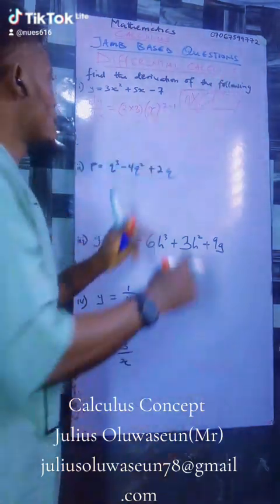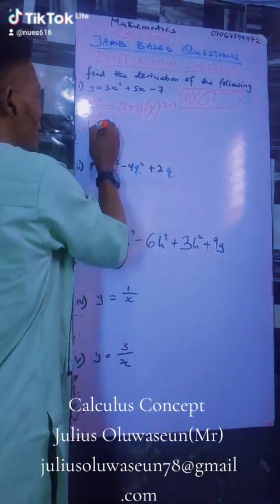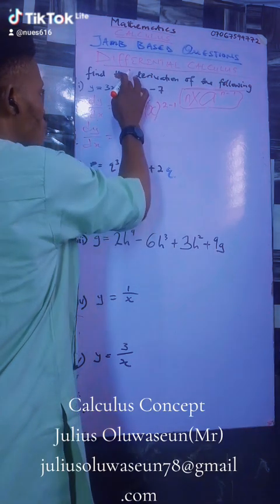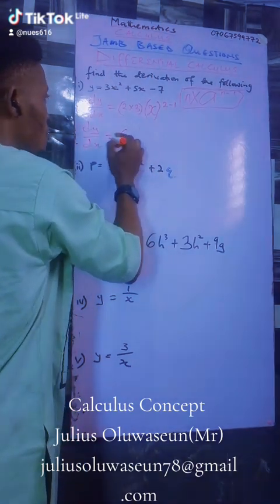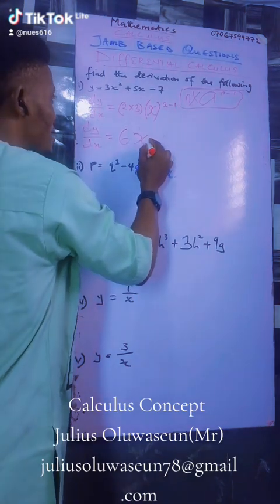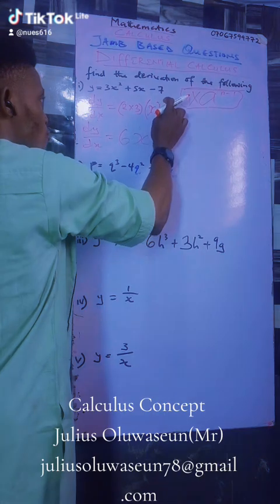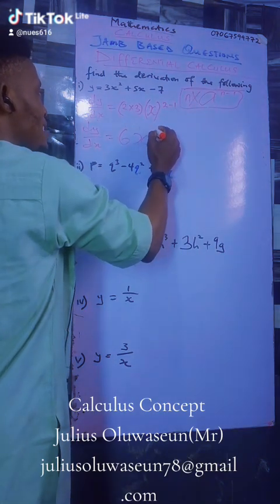Now from this end, we can say that our dy dx is equal to 2 times 3, which will give us 6, and we have our x, the power, which is n, which is 2, minus 1, that is 1.